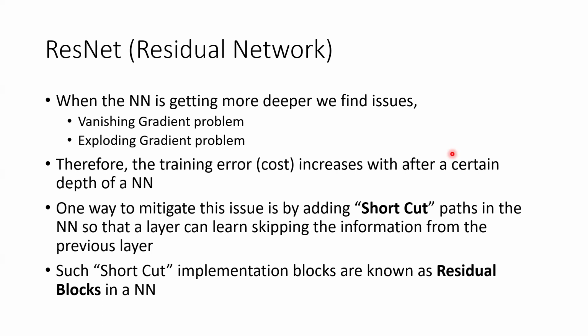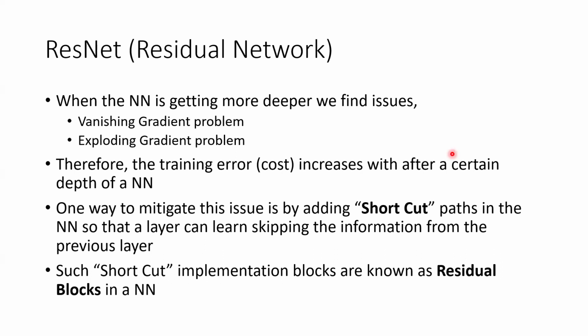The residual network actually uses some shortcuts or bypasses in the neural network. We will discuss what those shortcuts or bypasses are that you can use for a neural network, especially for convolutional neural networks, right?